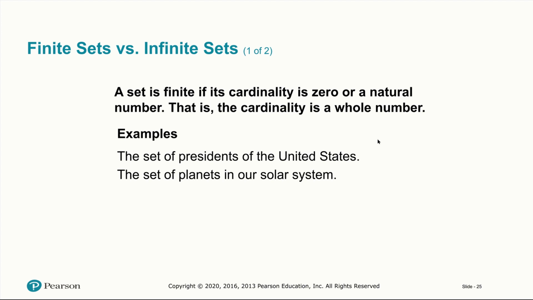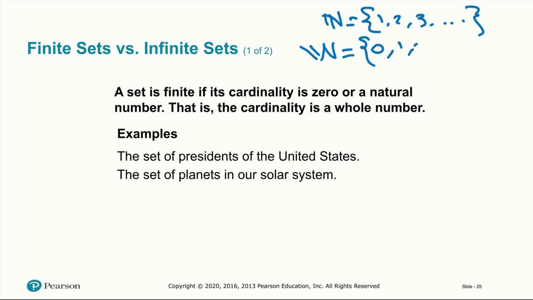The whole numbers is a set created solely out of respect for 0, okay? Because it's almost exactly the same as the set of natural numbers. You know that the set of natural numbers is the set containing 1, 2, 3, etc., right? The set of whole numbers brings in just one more element, namely 0.